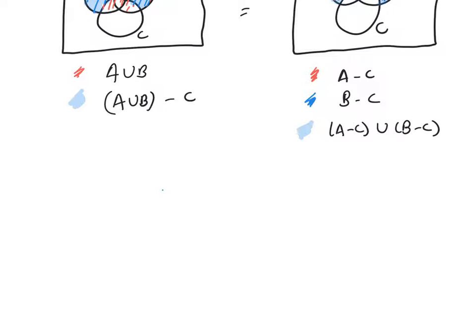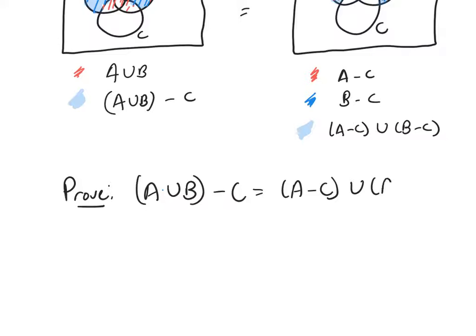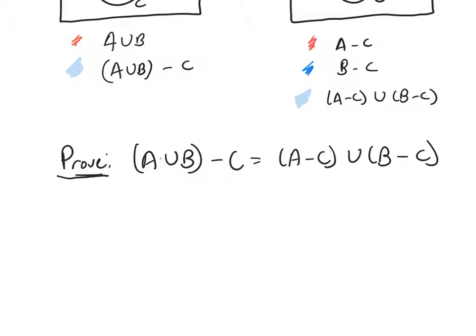So our next focus is to prove that A union B minus C equals A minus C union B minus C. Well, remember, if you're proving two sets are equal, there's two things you have to prove. Showing two sets are equal is a biconditional statement.